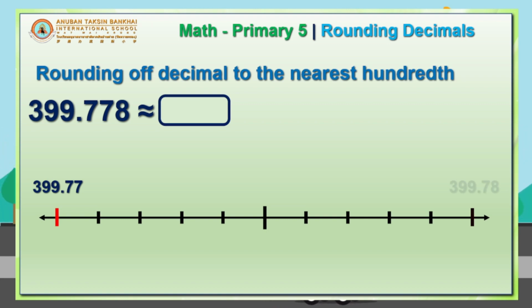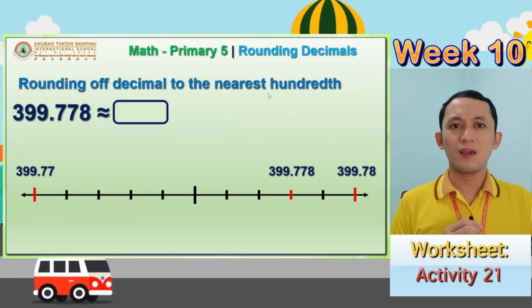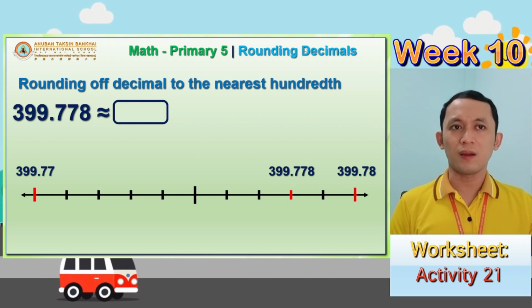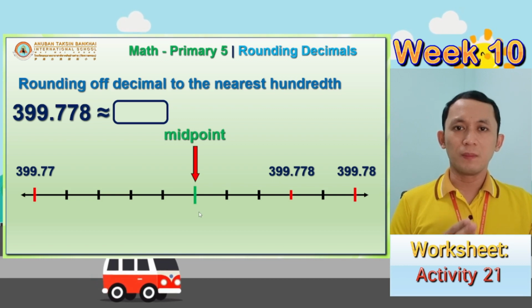We're going to add, that will then be 399.78. Okay, do not be confused. Now let's write the exact position of our number. So you could see here that 399.778 is in this exact position. So you could see the red line there. And our midpoint is, of course, on the middle.